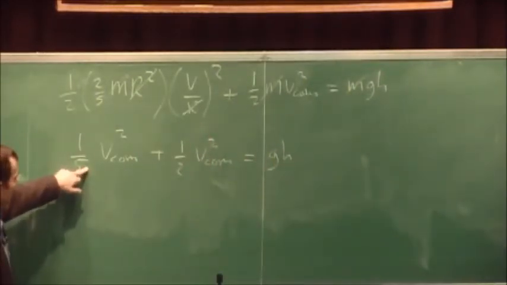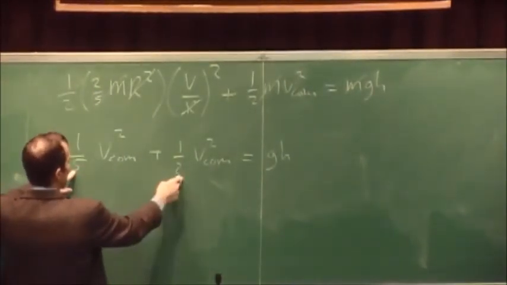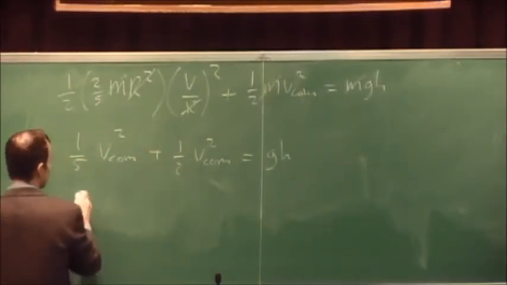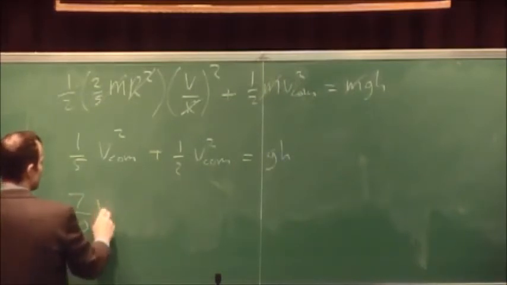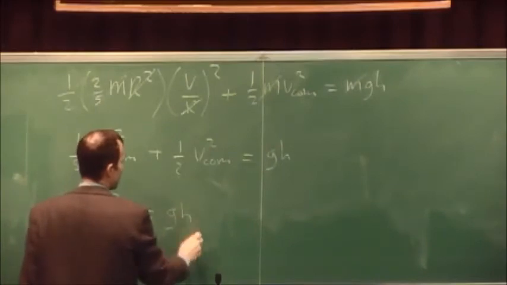I get a common denominator of 10, so this is 7/10 v center of mass squared is equal to gh.